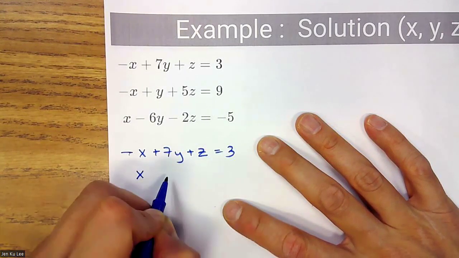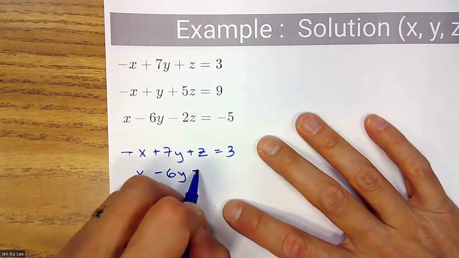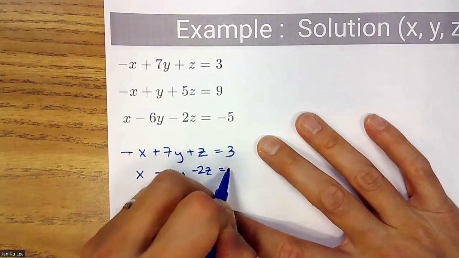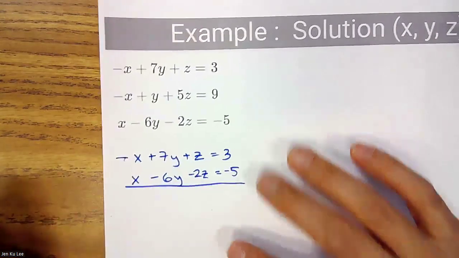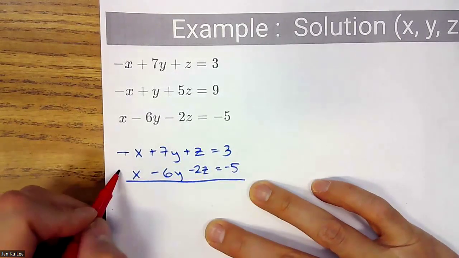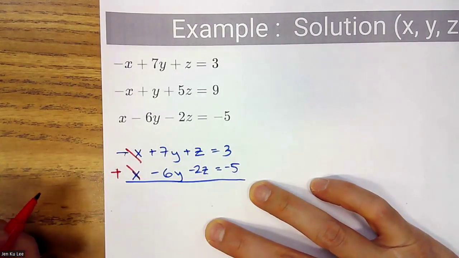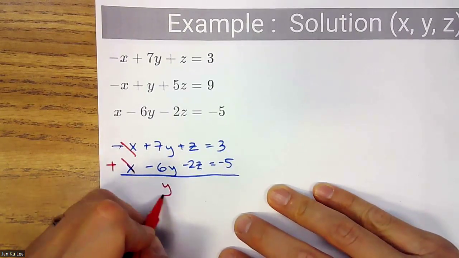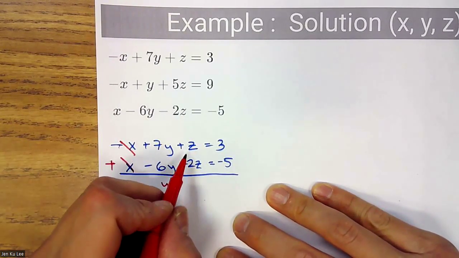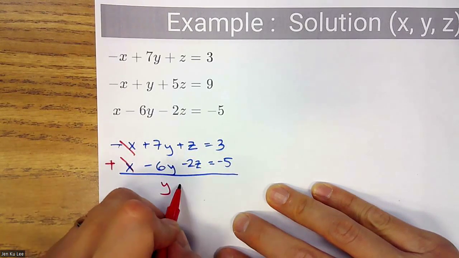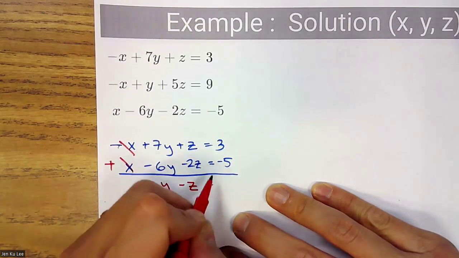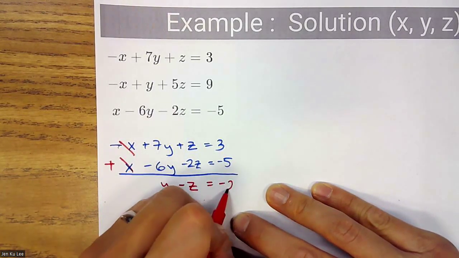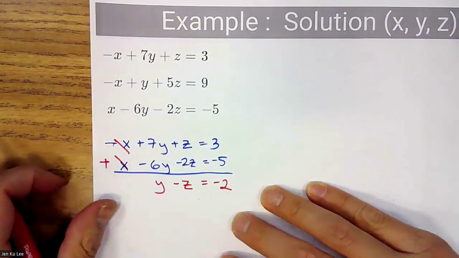And then add this together to get rid of the x. 7 minus 6, that's y. Z minus 2z, that's negative z, equals 3 minus 5, that's negative 2, right?